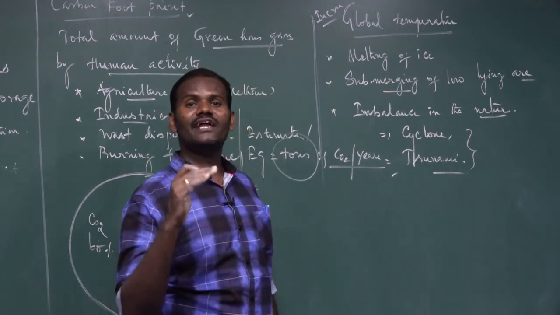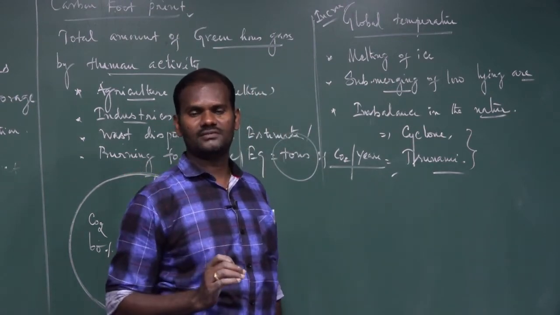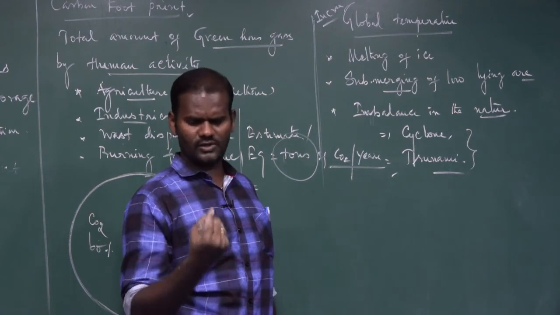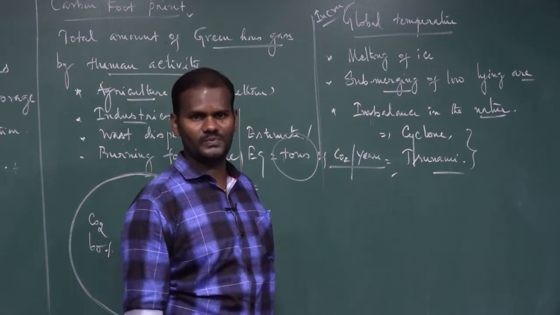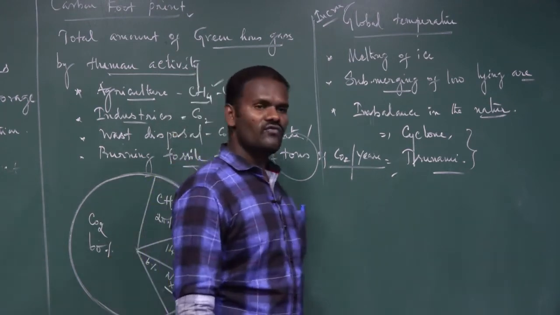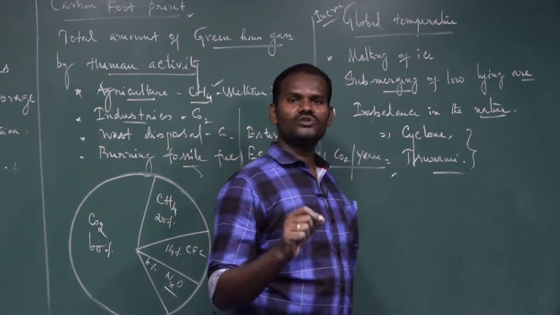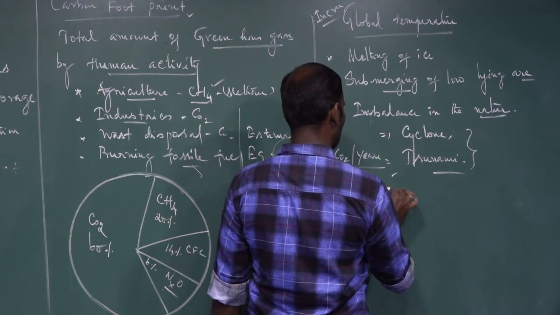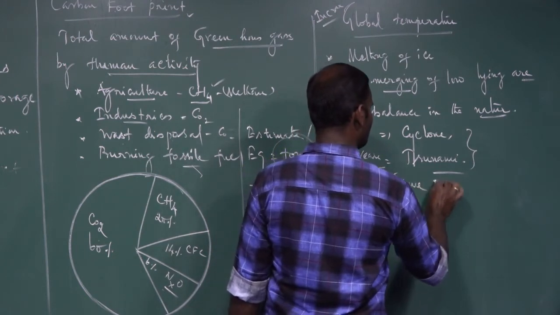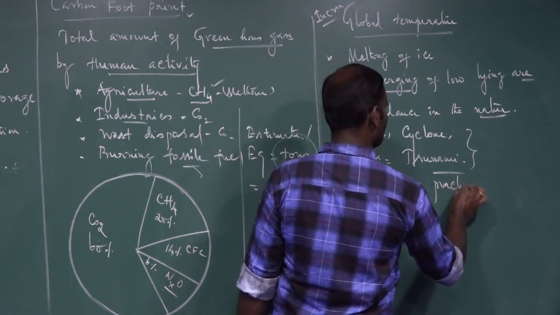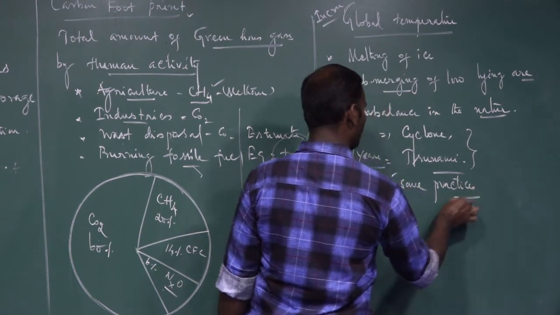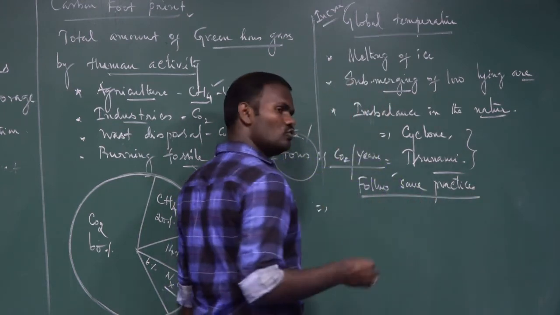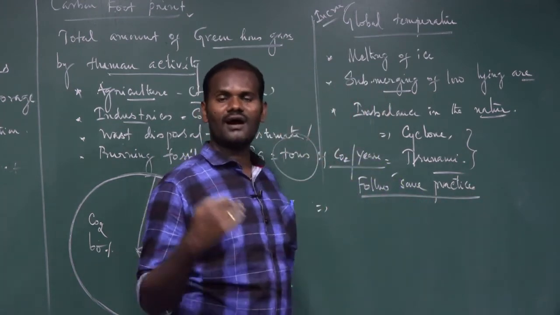So how can we reduce this carbon footprint? Reducing the carbon footprint means reducing the amount of carbon dioxide released to the atmosphere. How can we reduce it? We have to follow some practices. What are the practices we have to follow to reduce the carbon footprint?